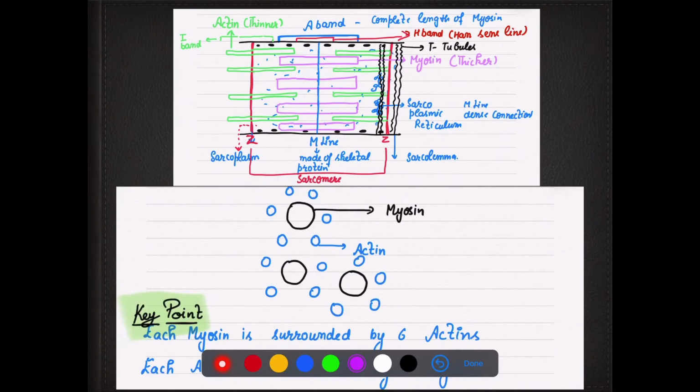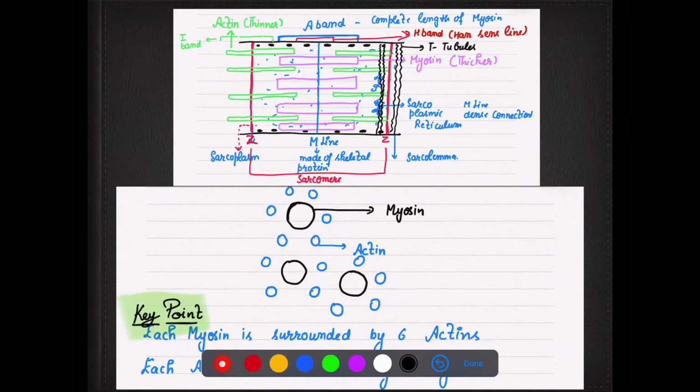Now if we look at the diagram very carefully, these are the actin, and in between them there is myosin. So this actin is surrounded by myosin. This is the 2D diagram, but जब हम 3D में देखते हैं, how is this arranged?